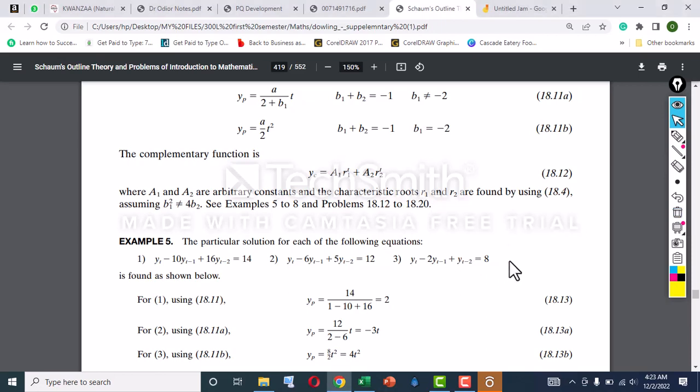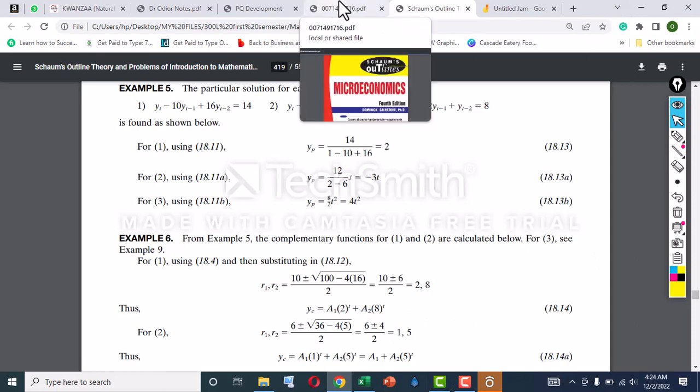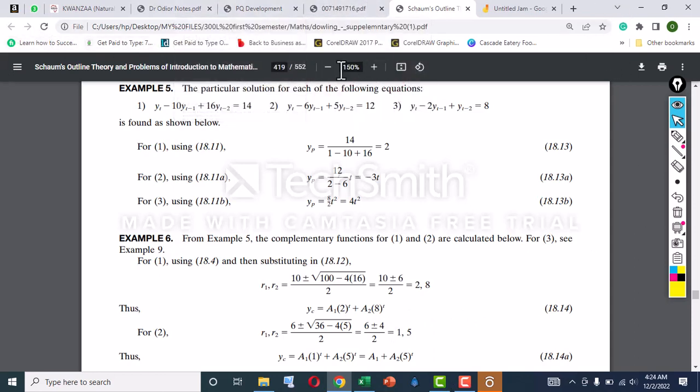From that same question, they can also ask you to look for the complementary function. That's what we are going to do right here. To do the complementary function, remember that we are using this formula. Let me write it out.